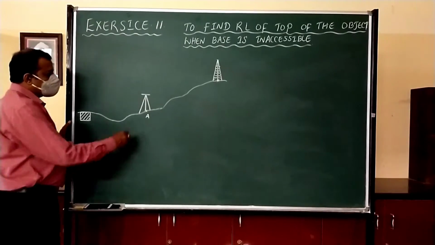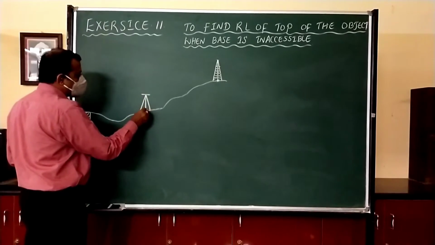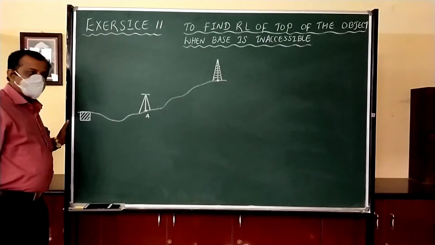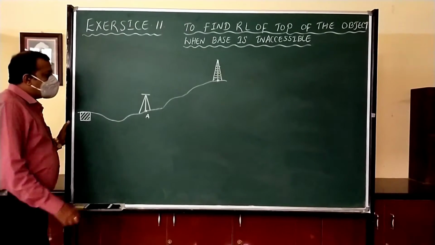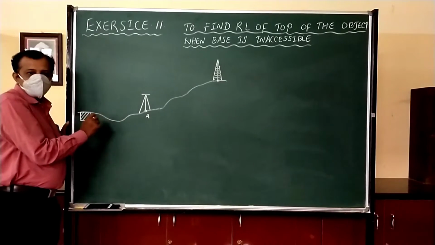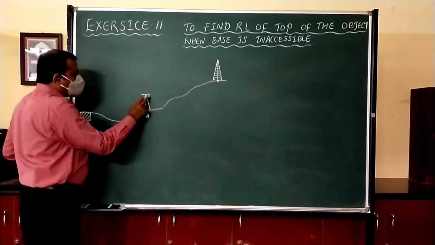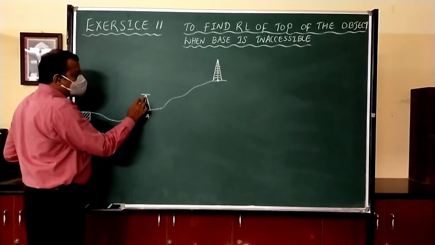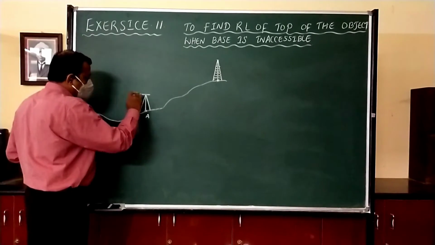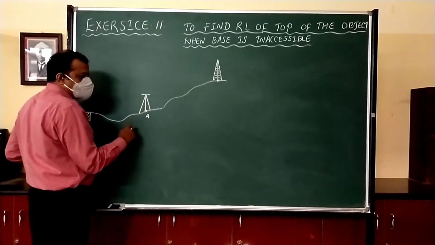All those temporary adjustments you have to do over station A. After making them, bring the vertical angle to 0 degree, 0 minutes, 0 seconds. Now the instrument is horizontal, that is, the line of axis is horizontal.